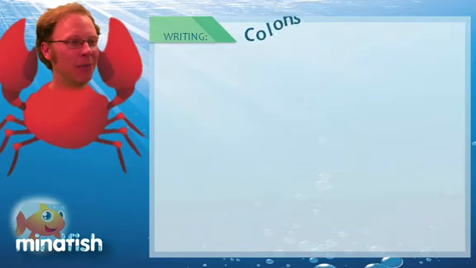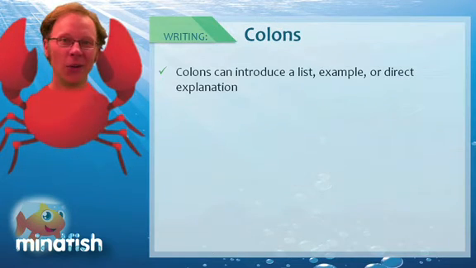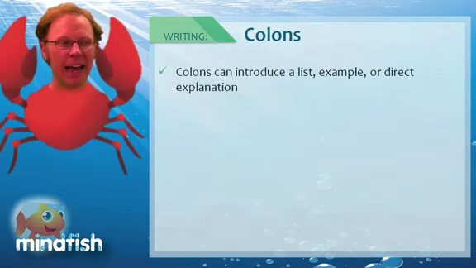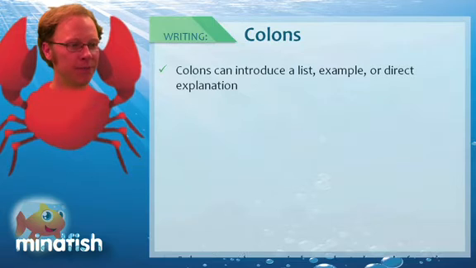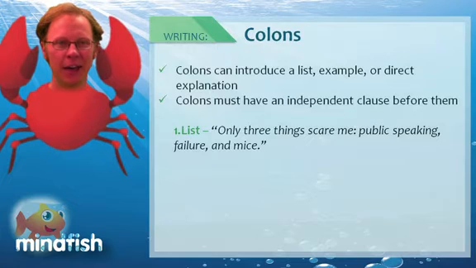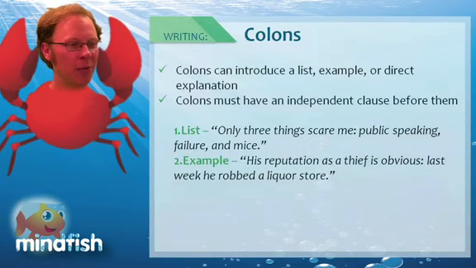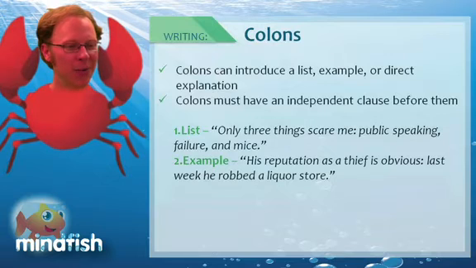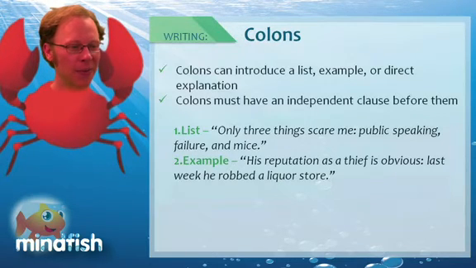All right, our next mark of punctuation is the colon. Colons can introduce a list, an example, or a direct explanation. For example, here's a list: Only 3 things scare me: public speaking, failure, and mice. Here's an example of a properly used colon that introduces an example: His reputation as a thief is obvious: last week he robbed a liquor store.